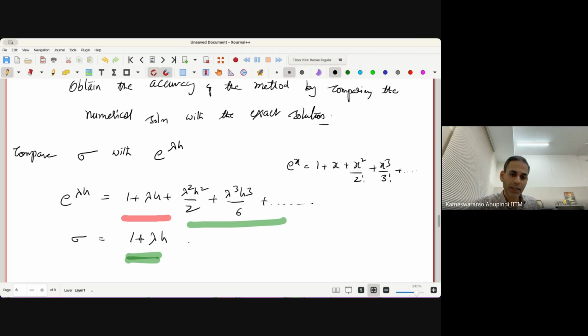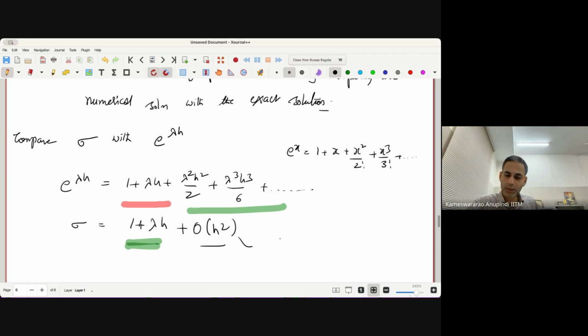That means it basically has order h squared as the accuracy, right? This is what we have already seen. I mean, we have not done it in this way, but we said that because using Taylor series expansion we are including only the first term or first two terms, that's why it has an order of accuracy of h squared. Okay, again, this order of accuracy of h squared is a local accuracy because this is per step, right? That means if you do n steps, then this order h squared is going to degrade to order h, right?